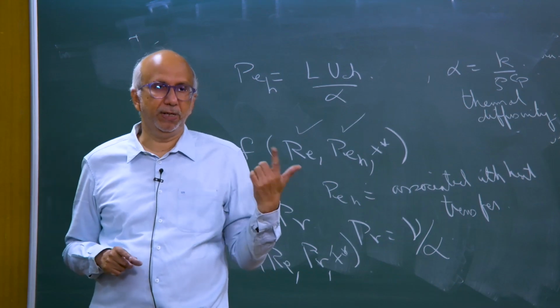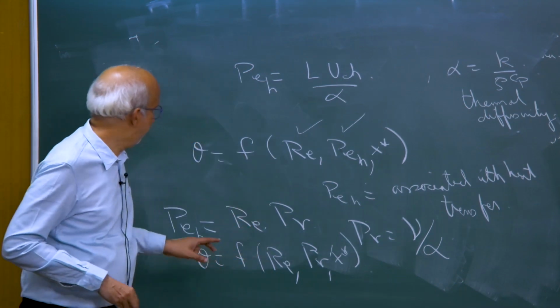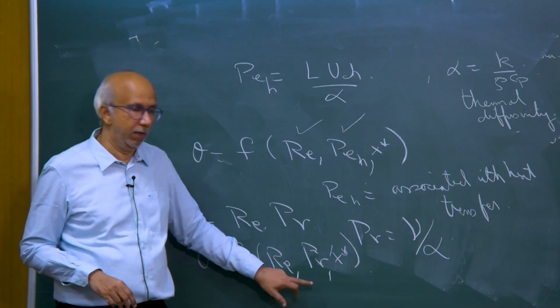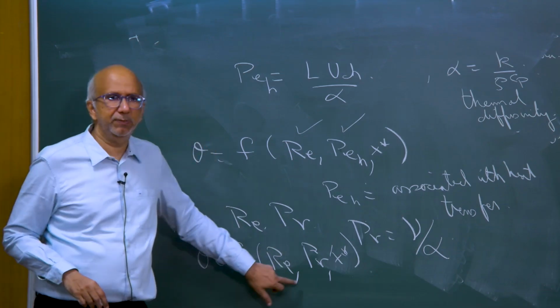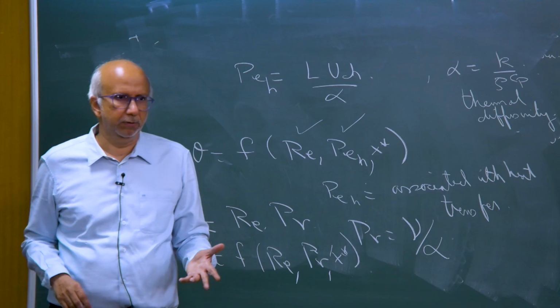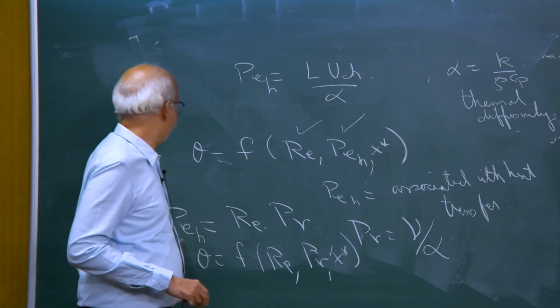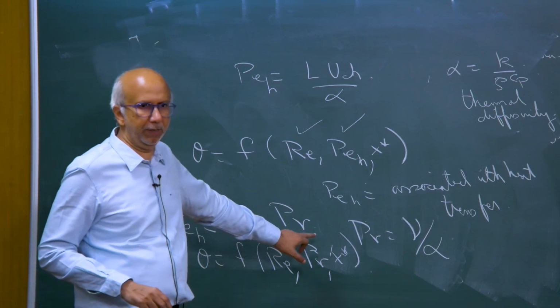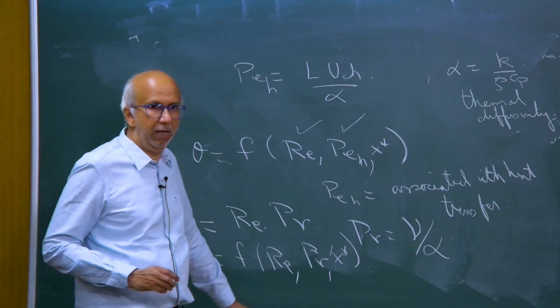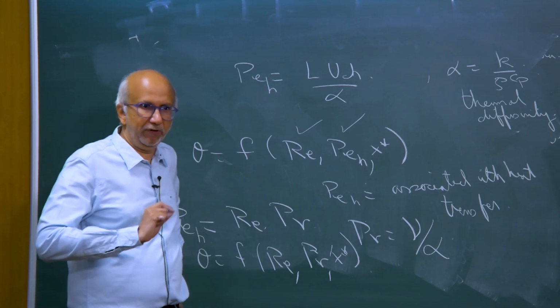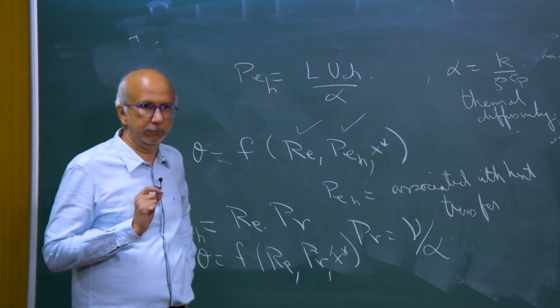So, people prefer using Reynolds number and Prandtl number for their notation. Basically Peclet is Reynolds multiplied by Prandtl. This is preferred because you can study the effect of one parameter at a time.